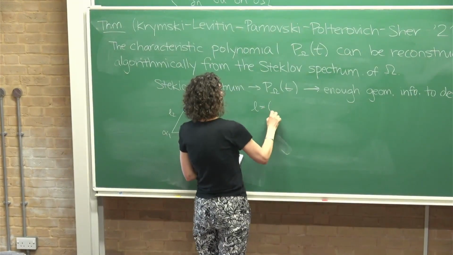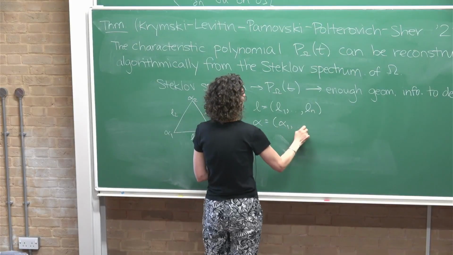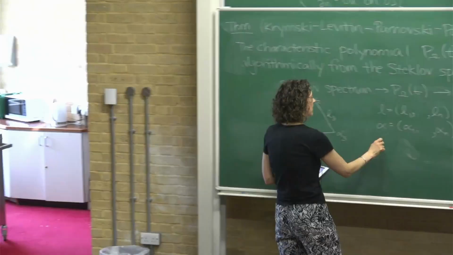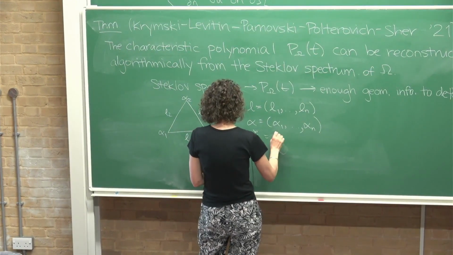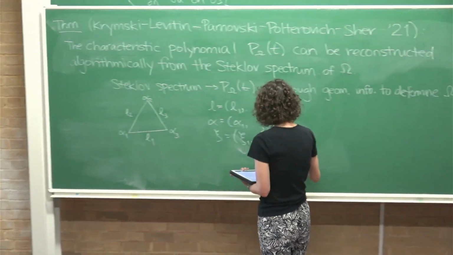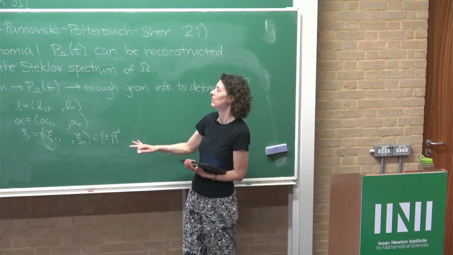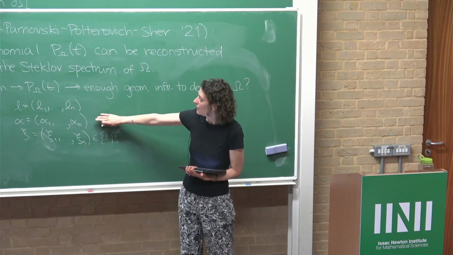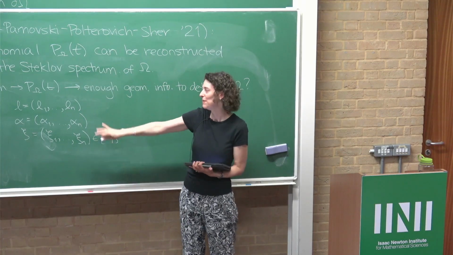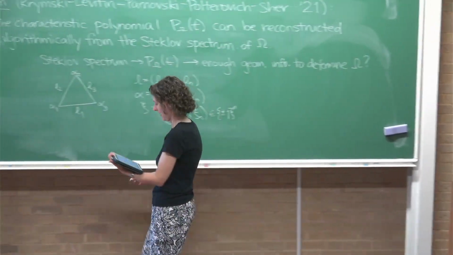Here I'm drawing it for a triangle, but we have some vector of edge lengths, some vector of angles, and a third ingredient, Xi, which is a vector of plus and minus ones. So we have some triangle, length vector, angle vector, and Xi for a general n-gon, but that's a lot to draw. So how do we find this P omega? Well, I'm going to write it down.